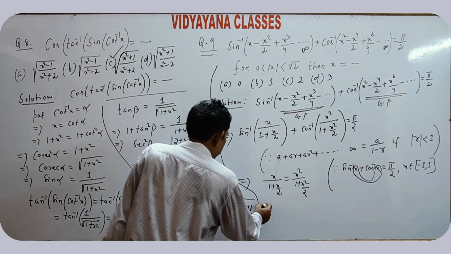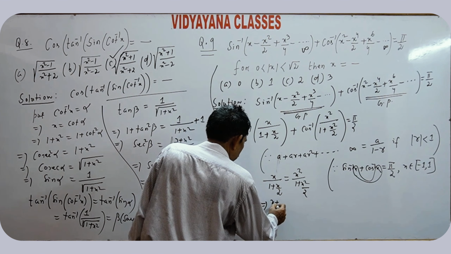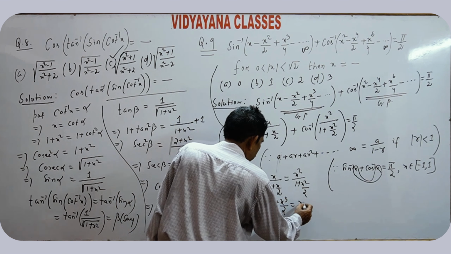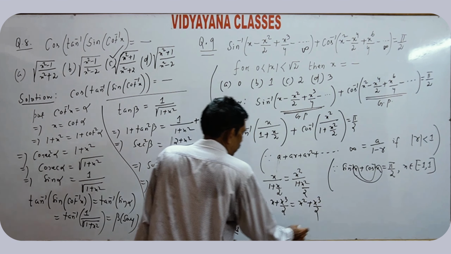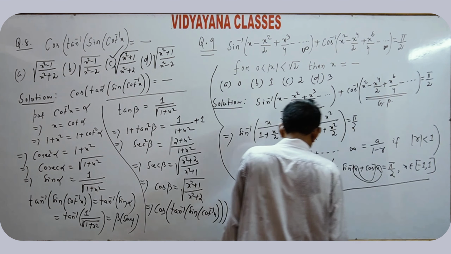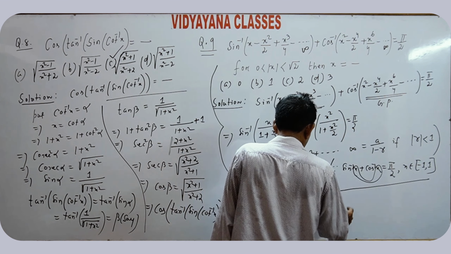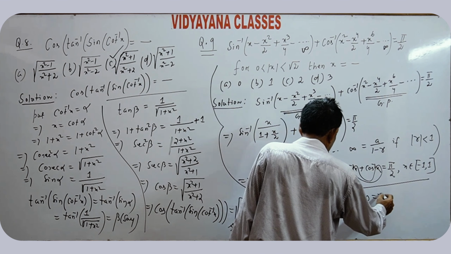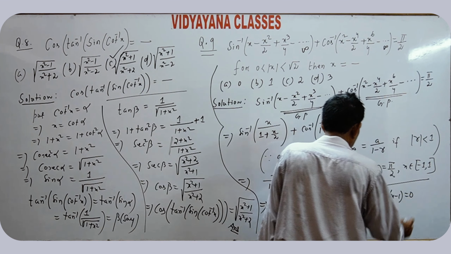By the cross multiplication, x plus x cube by 2 is equal to x square plus x cube by 2, which implies x cube by 2 cancel. x square minus x is equal to 0, that implies x into x minus 1 is equal to 0.